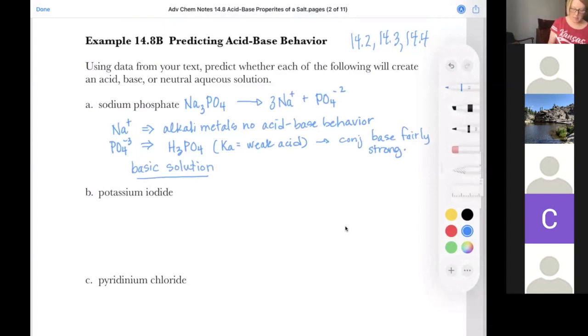The next one, potassium iodide, is KI. K is an alkali metal, so again, no acid-base characteristics.